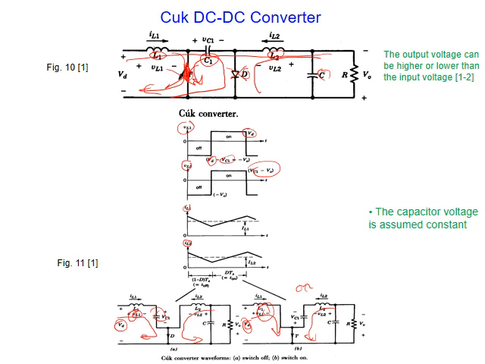The same could be said for the second inductance. When on, this inductance voltage is VC1 minus VO. And when we have off, the voltage of this inductance will be in parallel with C and VO, so it will be minus VO.